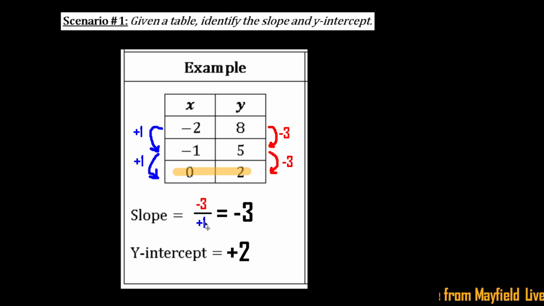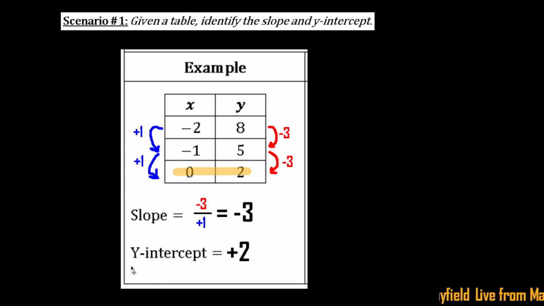You want to make sure you simplify, so that when you write your equation, it's a nice, simple value. It could be a rational number, like 1/4 or anything like that, but make sure it is in simplest form. So for this slope, it is -3.